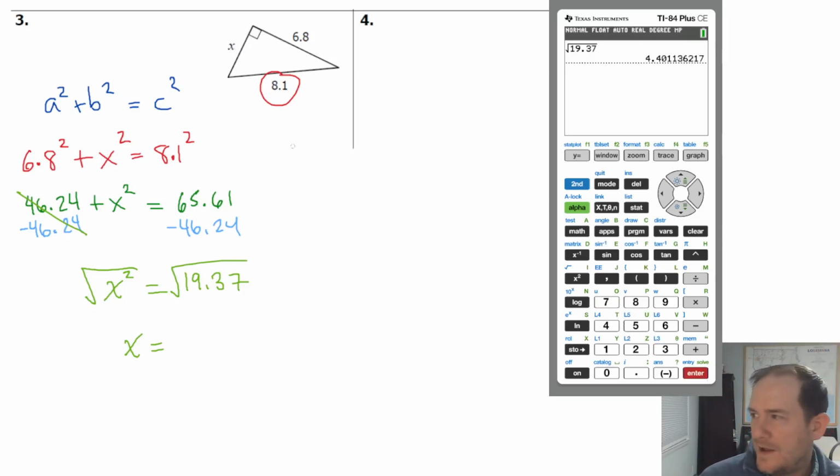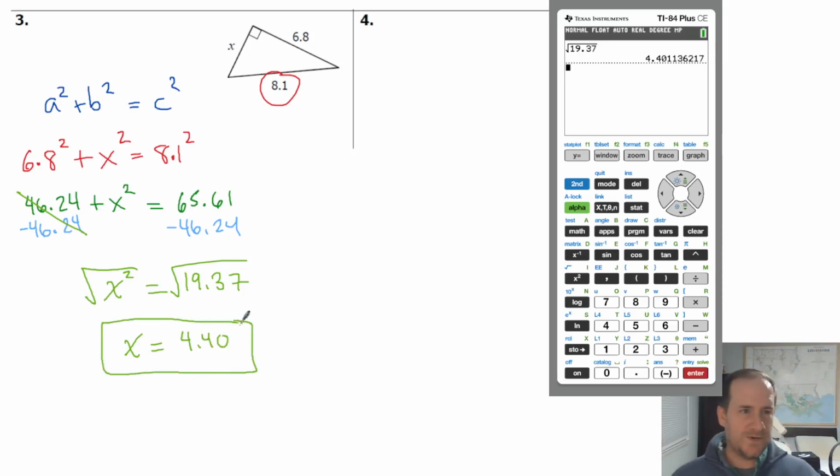And I'm getting 4.40. So that's probably the best answer for that one. And what I mean by that is we could sort of leave our answer as the square root of 19.37, but I wouldn't. Having the square root of a decimal looks weird. You may as well just take the square root and get a smaller decimal.